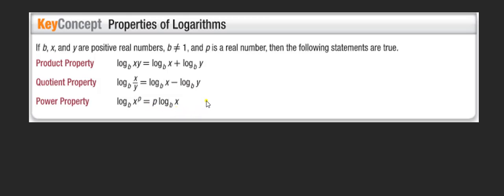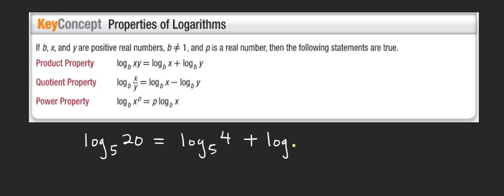Now, if you want to know the proof why these three properties work, I have made a video, so please look at the video that I made before this. So let's say you have log base 5 of 20. Using the product property, this is the same thing as log base 5 of 4 plus log base 5 of 5, because 5 times 4 is 20.